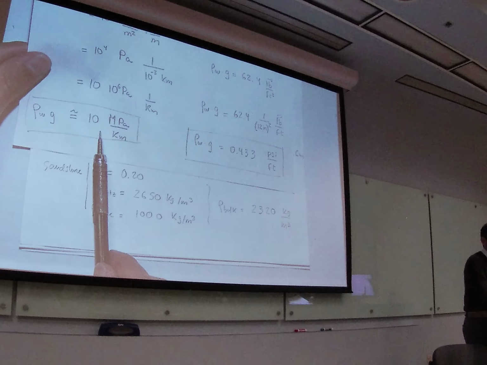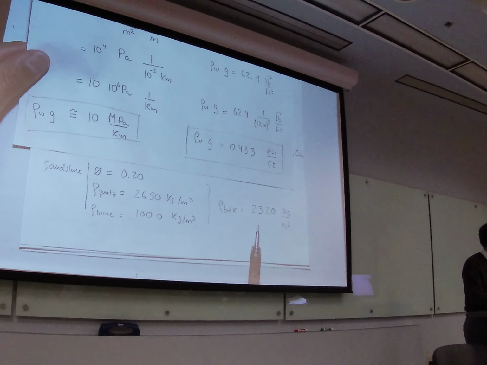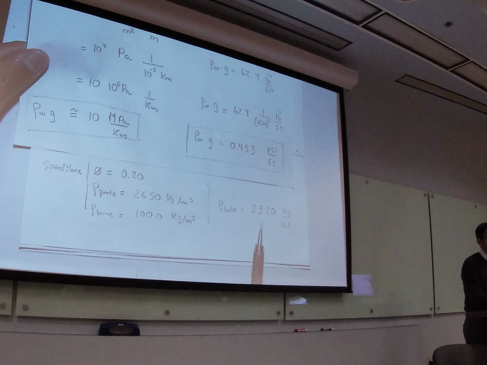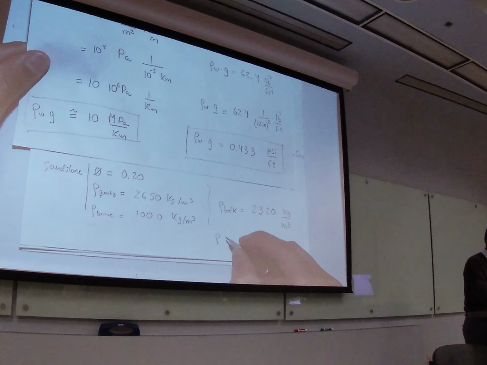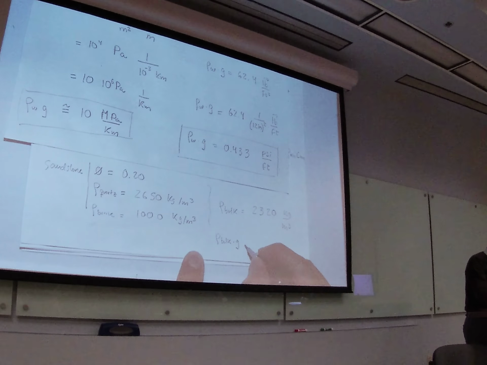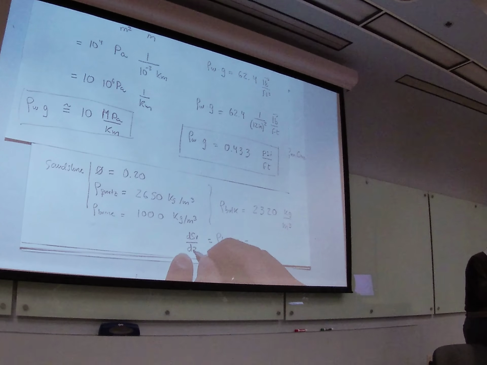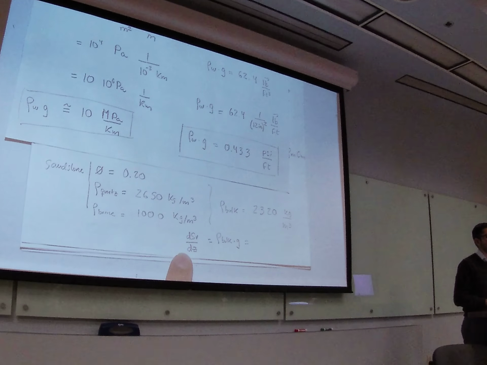If the pore pressure gradient is 10 MPa per kilometer, and this one is 2.32 times bigger than the density of water, what do you think is going to be the gradient of vertical stress? Anyone can tell me what is going to be? 23.